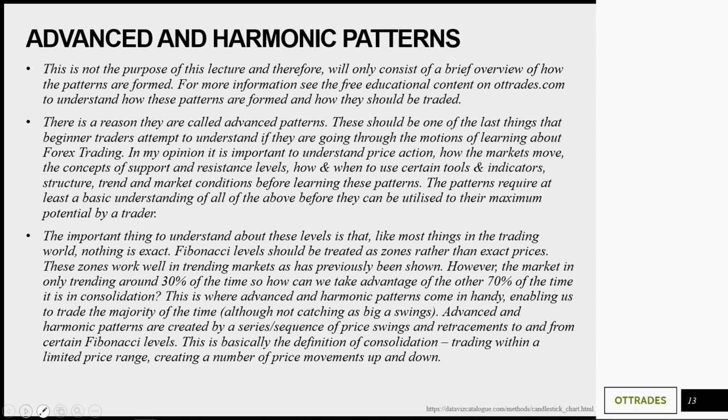They shouldn't be treated as exact lines, so orders shouldn't be placed at exact lines. They should be treated as zones, because it's not going to work exactly towards those lines. Sometimes it will, but most of the time it doesn't work like that. And that's the same for any other indicator.